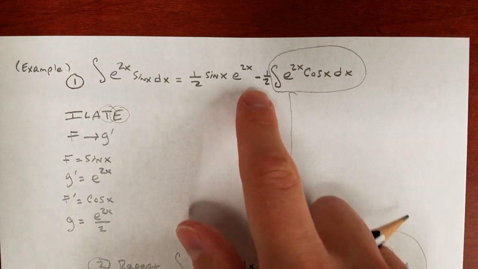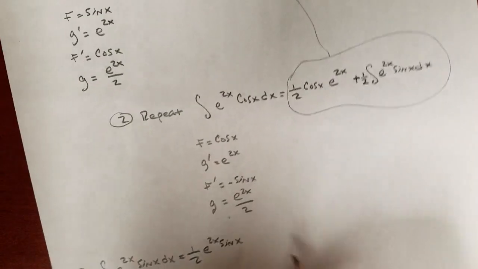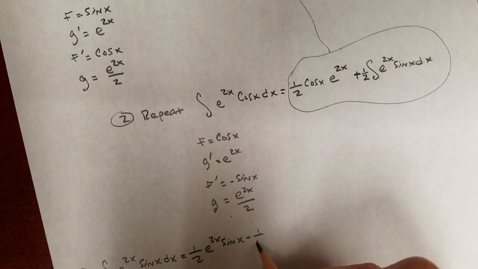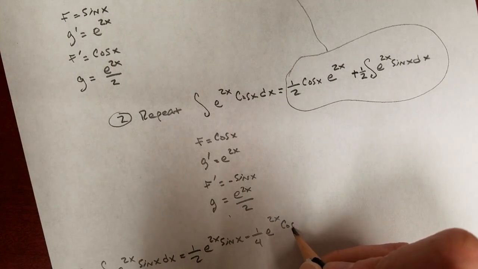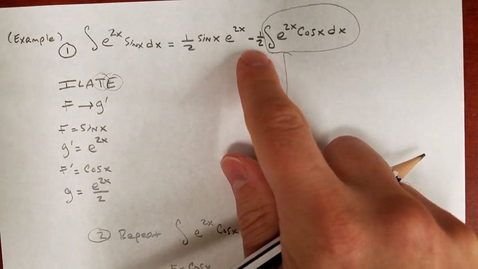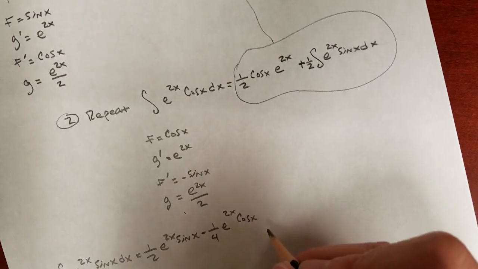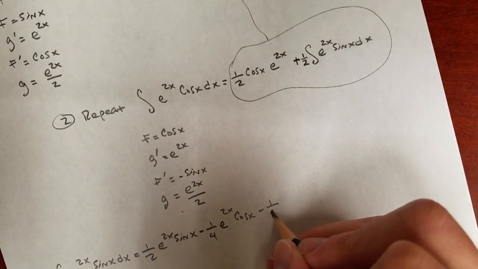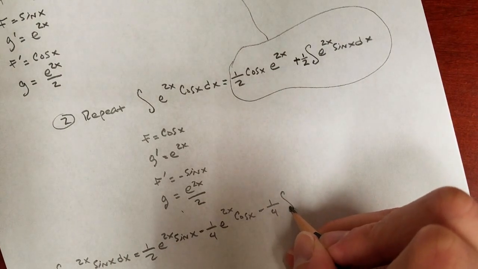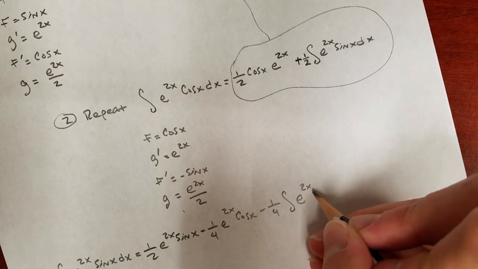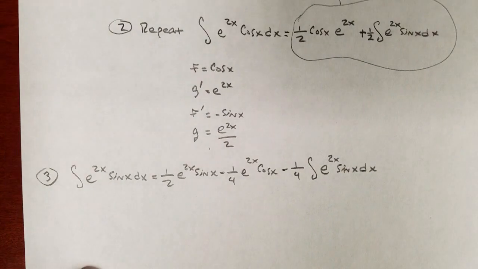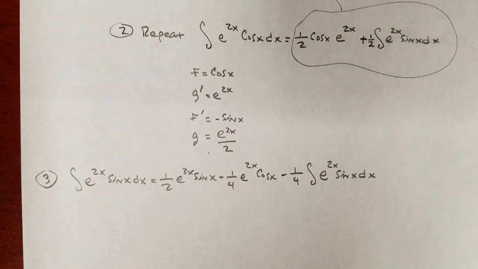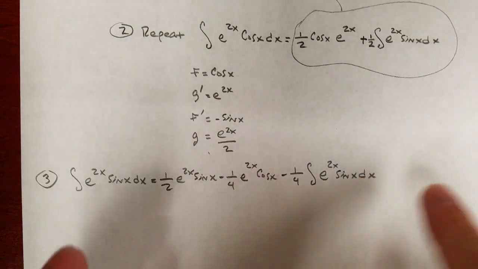So I'll get negative 1/4 e to the 2x cosine x minus 1/4 times the antiderivative of e to the 2x sine x dx. Okay. So step 3 is like taking 1 and 2 and putting them together.